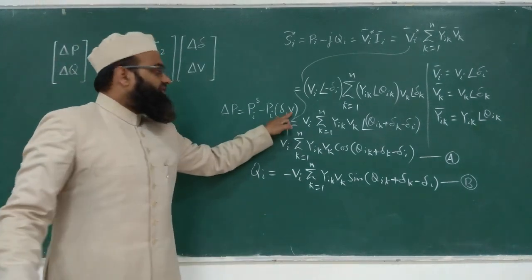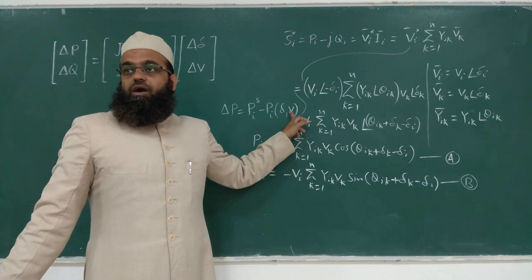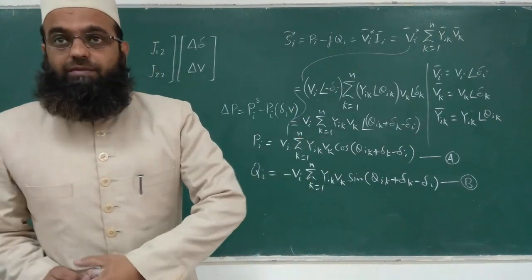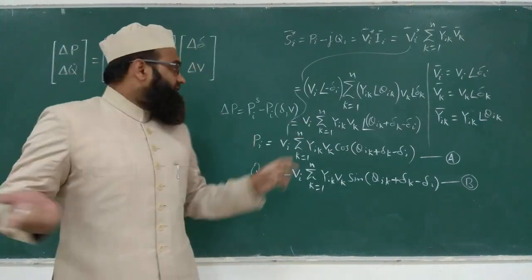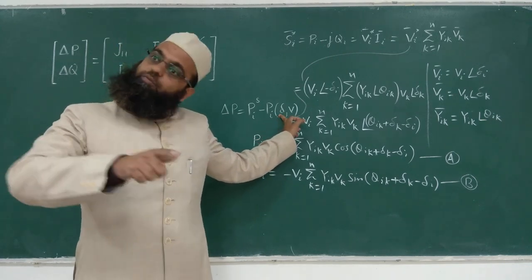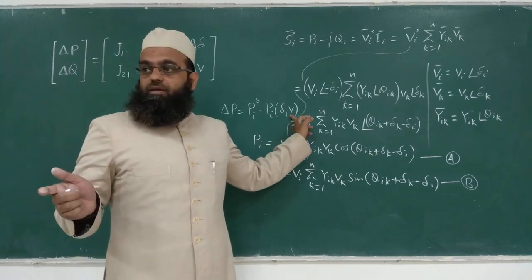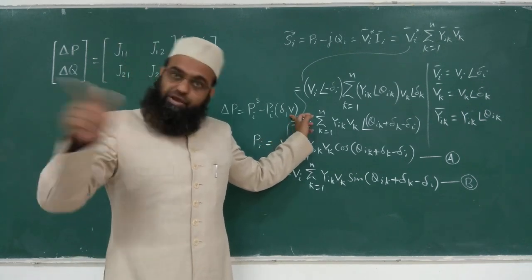What about V? V is variable for PQ bus. And what about PV? Delta is variable for both. We have discussed for PQ, so this is variable for PV also. And what about V? This is variable for PQ only.